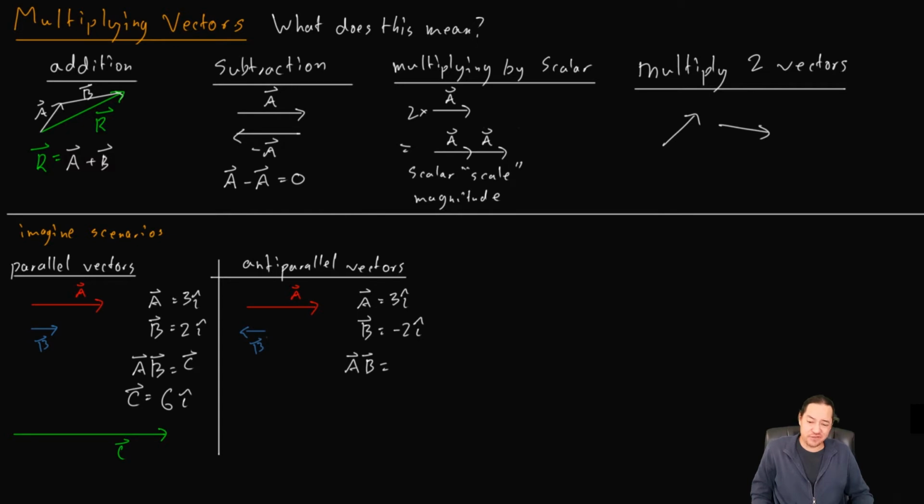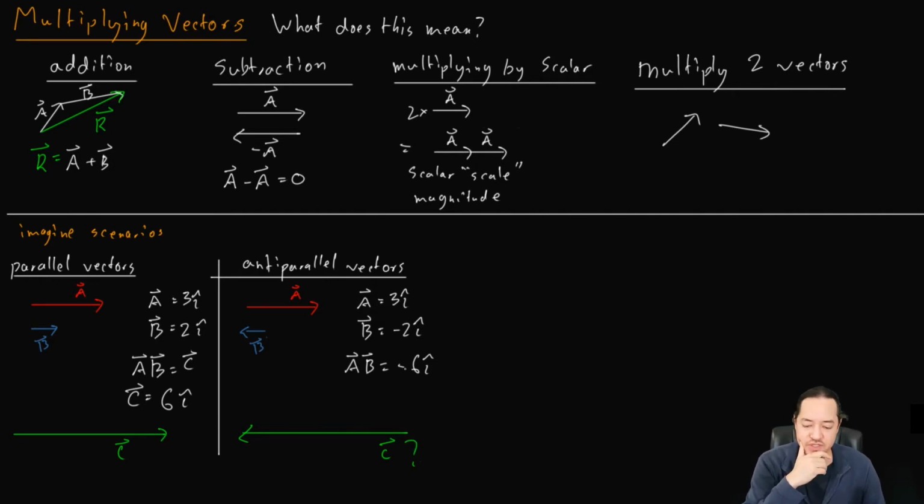Well, it kind of looks like it should be negative 6i hat, right? Maybe negative 6i hat. But why would that be? We had an idea before where your direction is preserved and your magnitude is multiplied together.